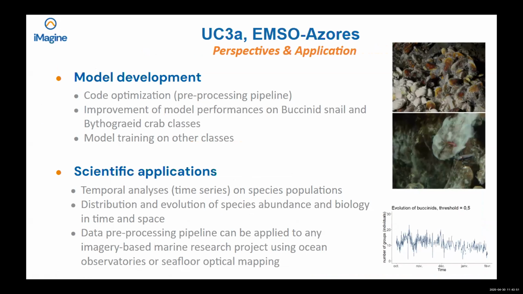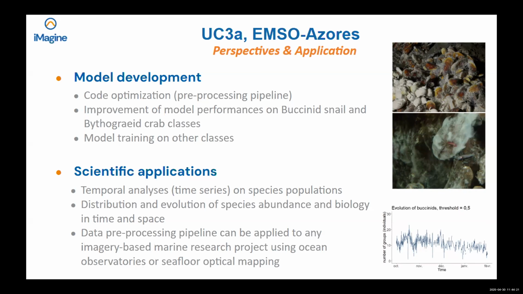My demo is almost finished. So now some perspective and application concerning the model development. We plan to do some code optimization, especially in the pre-processing pipeline, to reduce response times.